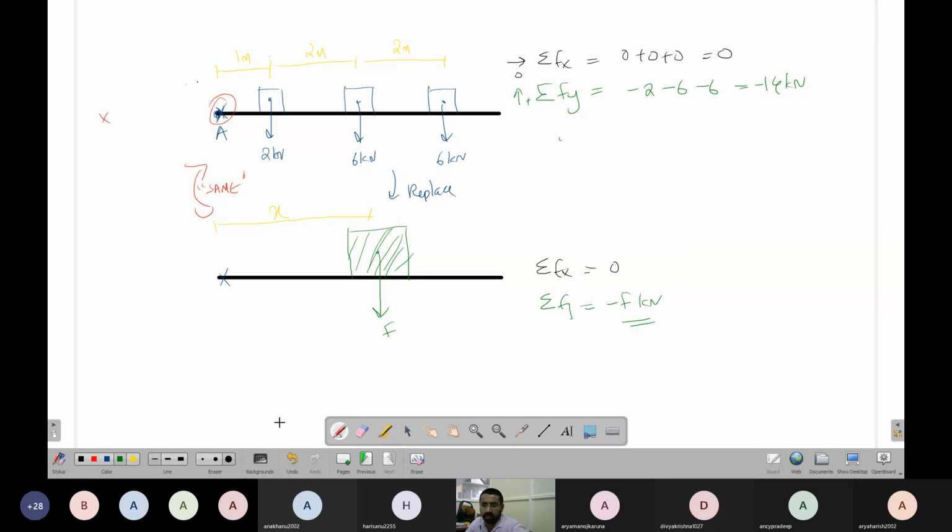Now, what is the moment? Moment about A. What is the moment about A? It is 6 times 1 plus 2 is 3, plus 6 times 2 plus 2 plus 1 is 5.